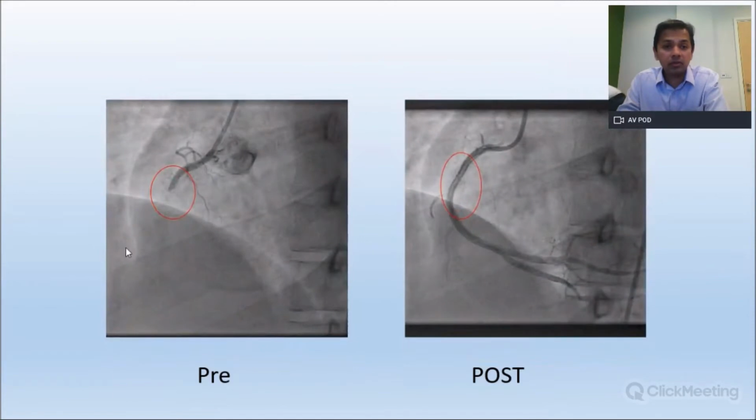On the left is the occluded artery, and this is after putting in a stent. You get good flow and fully established blood flow. Just to highlight, this patient came with an atypical presentation. He came with epigastric pain.